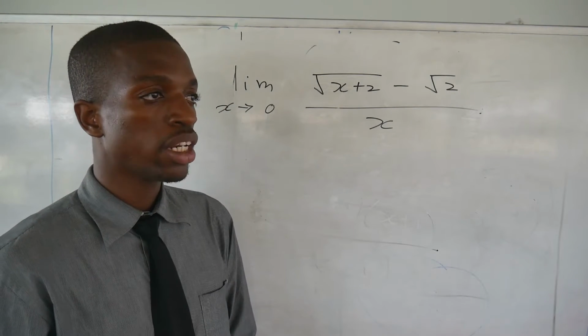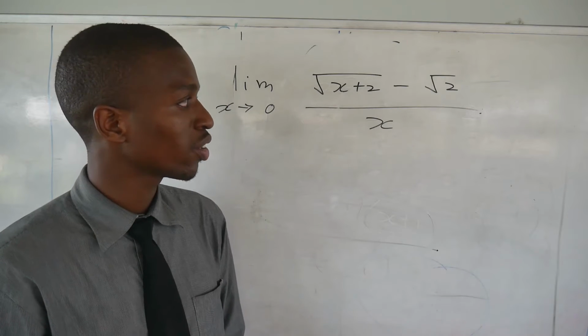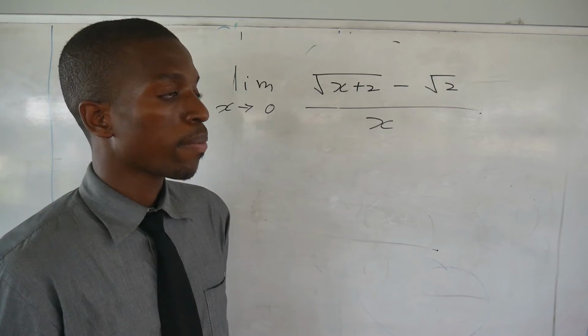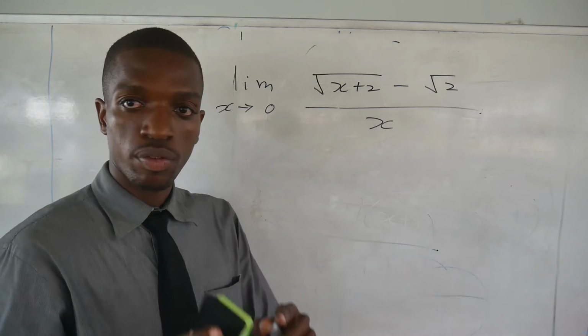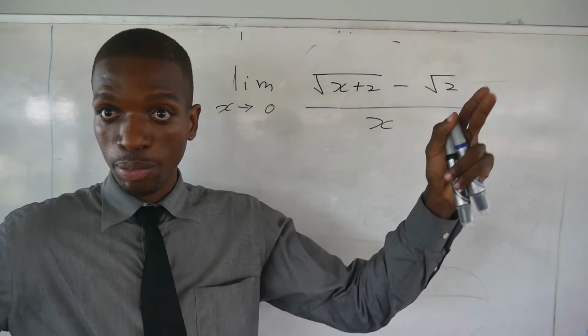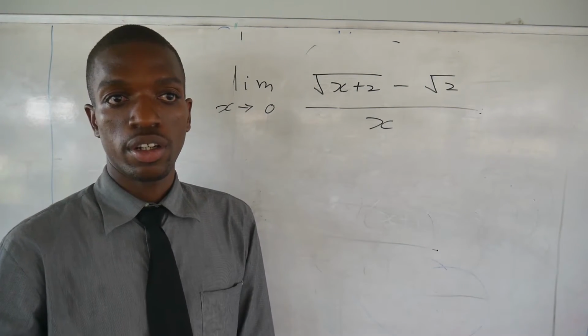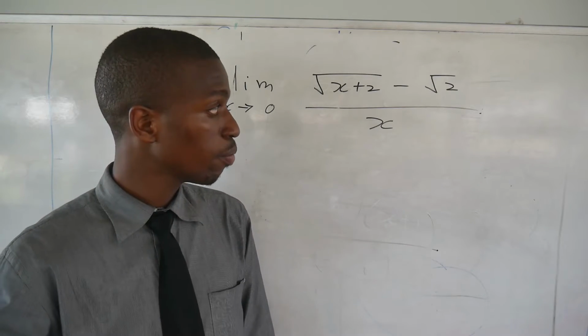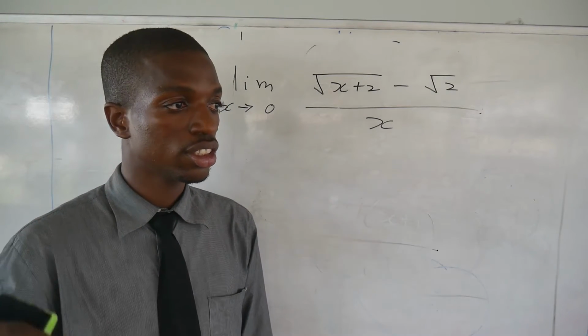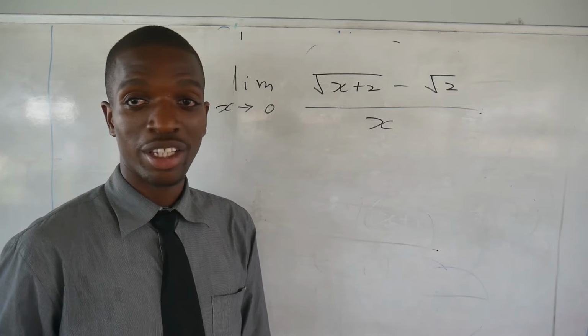Now there are many things that you might have to do before you can factor out that x. Sometimes you have to expand some brackets, multiply the top and the bottom by conjugates when dealing with surds, and many other methods.